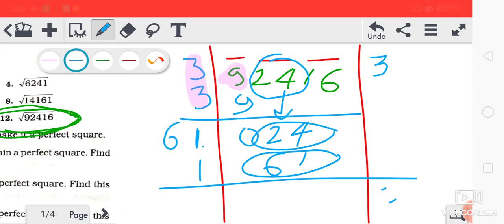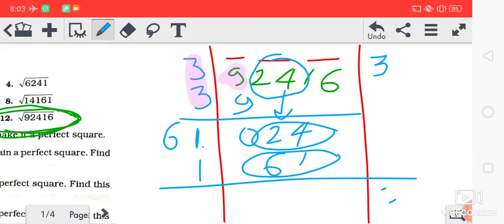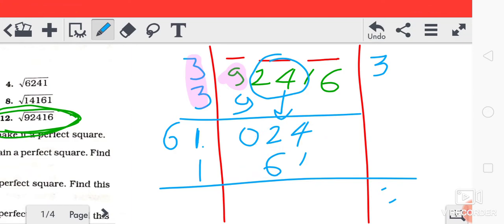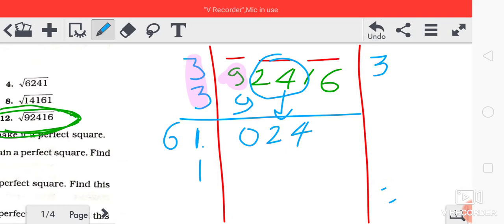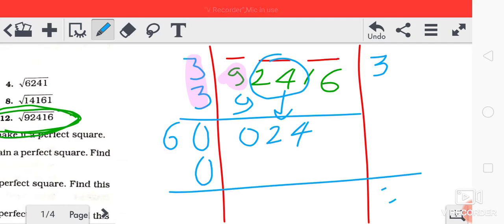So can we take 1? We cannot take 1 also. Less than 1, that is, we'll have to take 0. So we'll take 0 times, 0 into 6 is 0. So 0 we have taken.